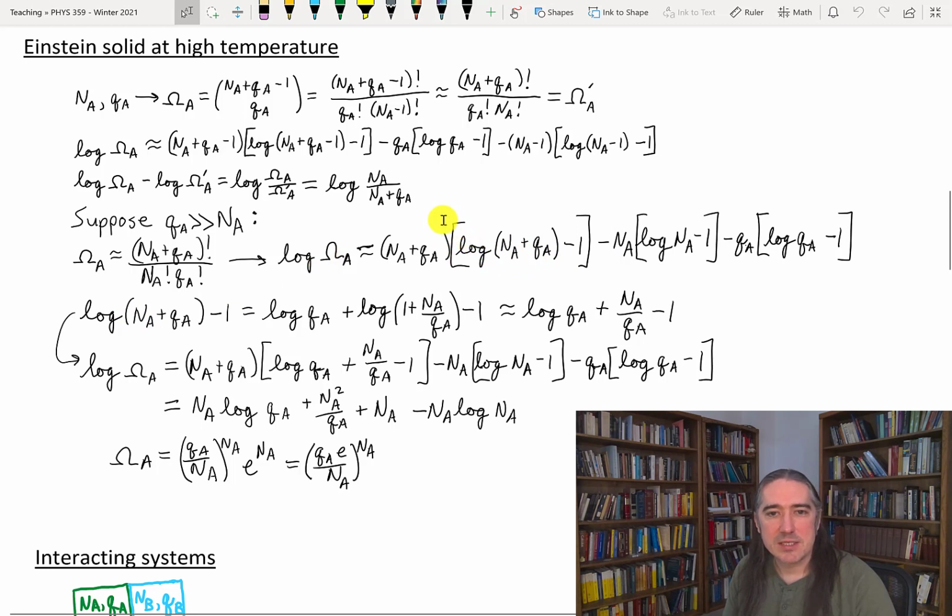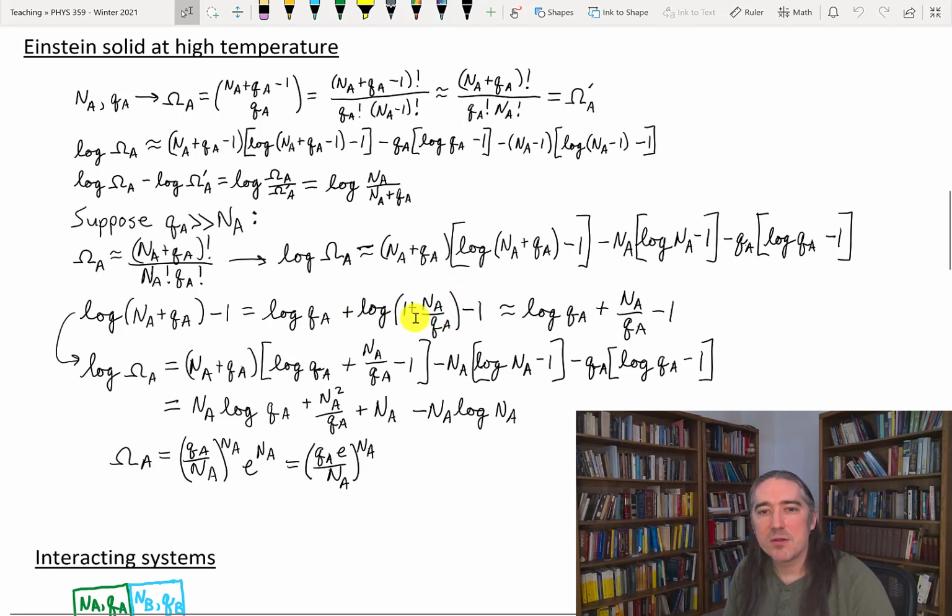Just as an aside, let's look at this piece, just this logarithm. Since Qa is much bigger than Na, let's factor Qa out. The logarithm of a product is the sum of the logarithms. So this is log of Qa plus log of 1 plus Na over Qa, minus 1.